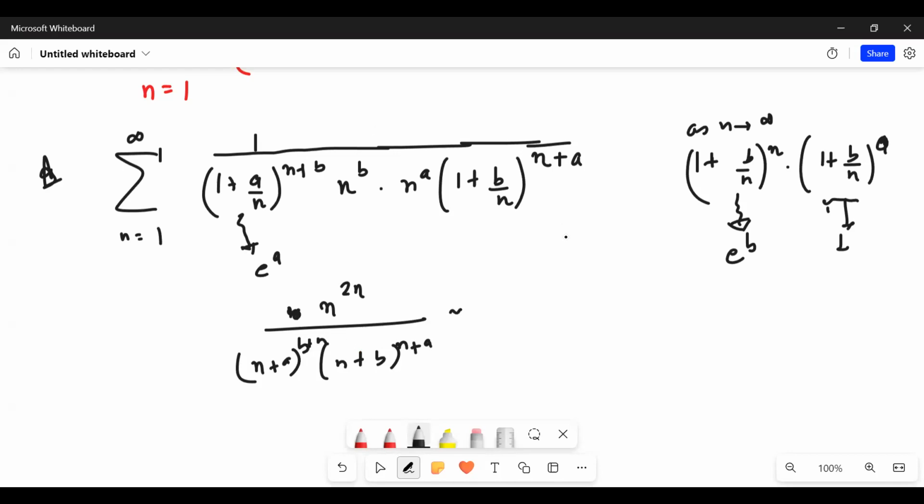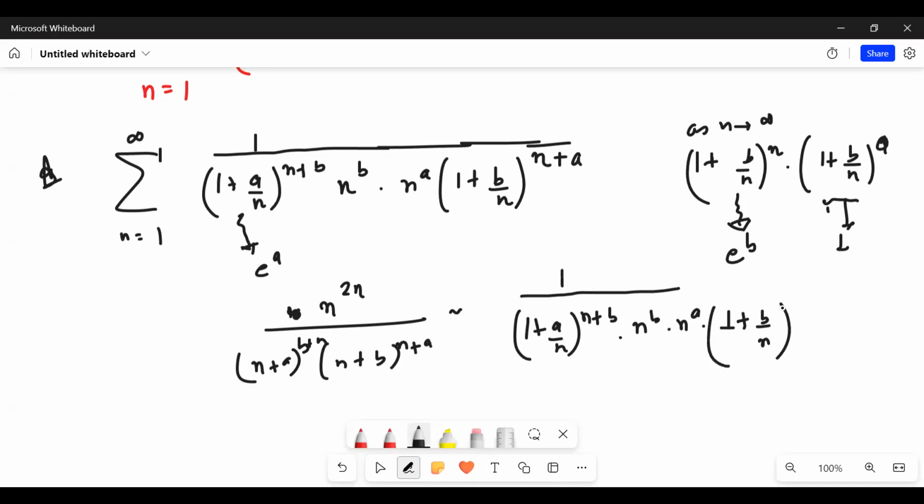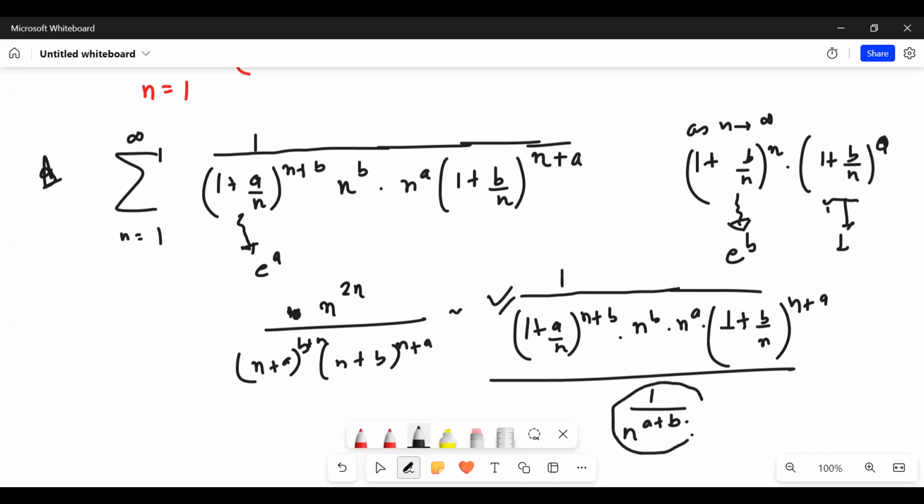This is equivalent to writing 1 upon 1 plus a upon n raised to power n plus b times n raised to power b times n raised to power a times 1 plus b upon n raised to power n plus a. So I'll divide it by 1 upon n raised to power a plus b. Now this particular series converges if this particular series converges.